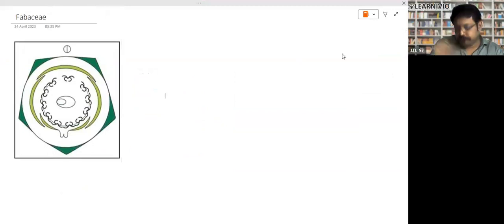Look, the first and foremost thing that you need to remember is the floral formula. So, what is the floral formula of Fabaceae? One more thing: the Fabaceae previously used to be called Papilionaceae.